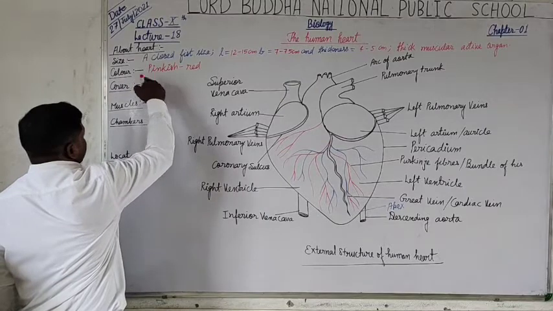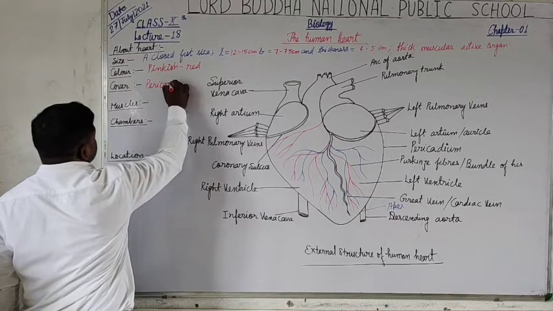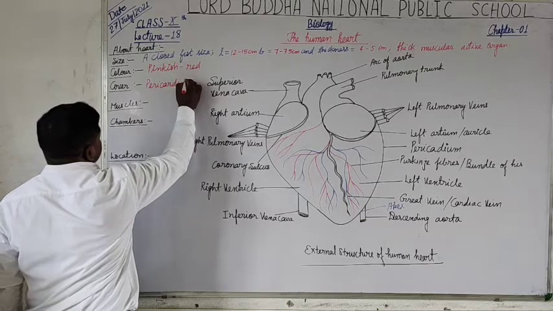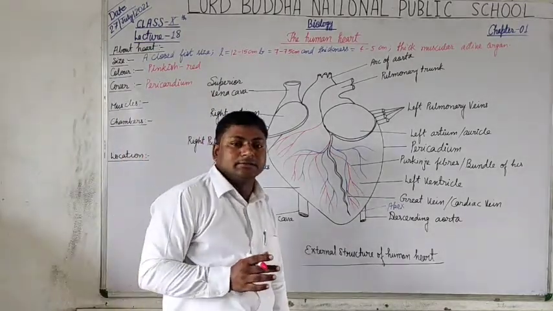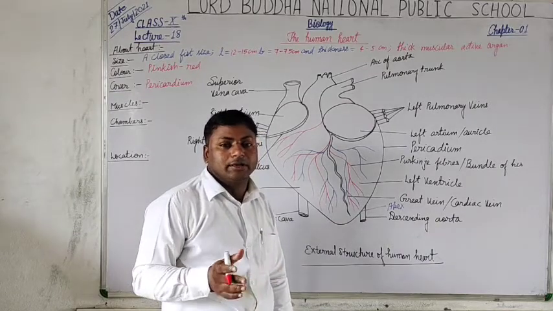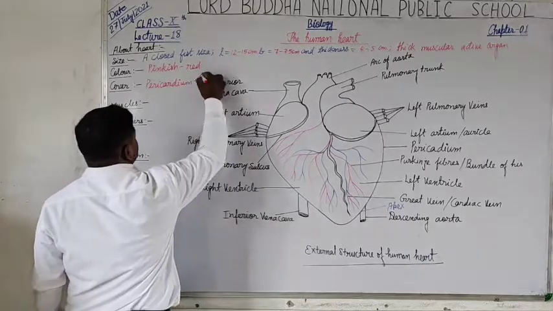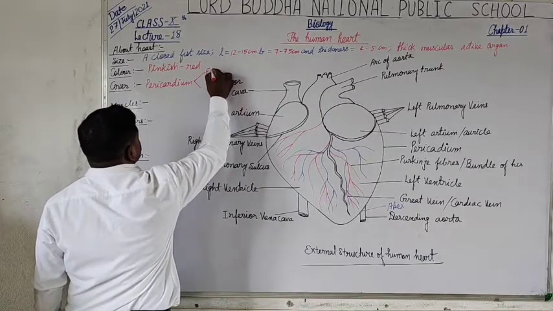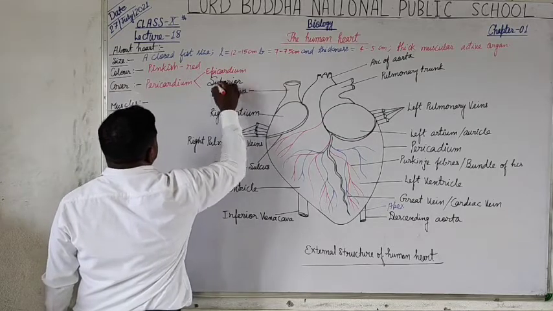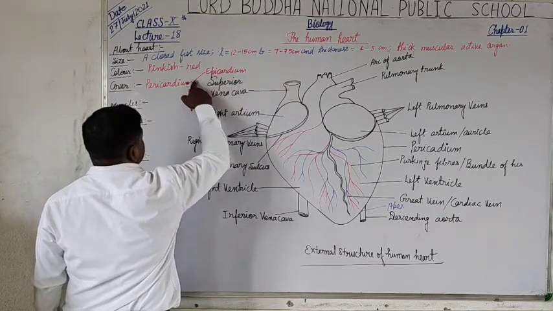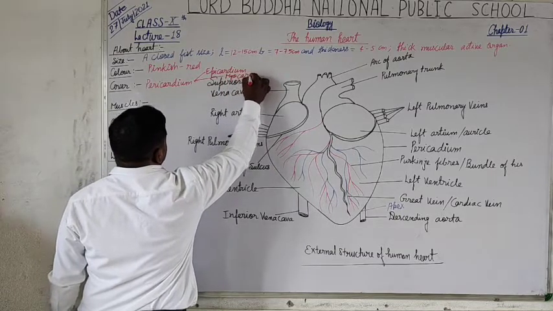Its cover is called pericardium, which is a double membranous structure, the epicardium and the myocardium.